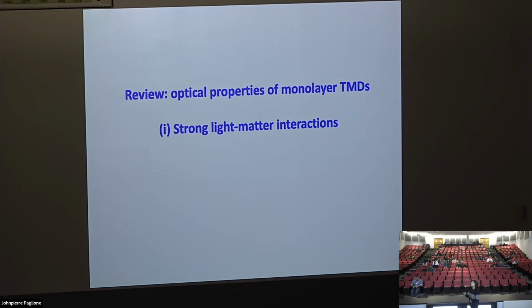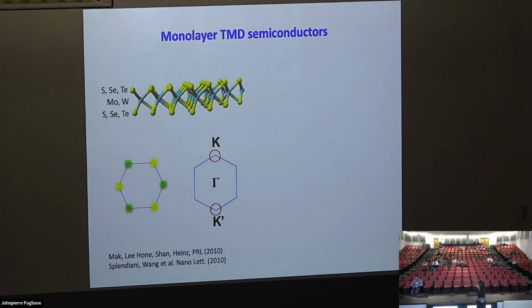So the first thing is very strong light matter interactions in this class of materials. Here is the structure of monolayer TMD semiconductors.